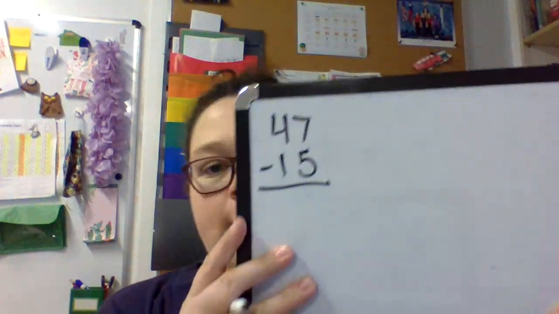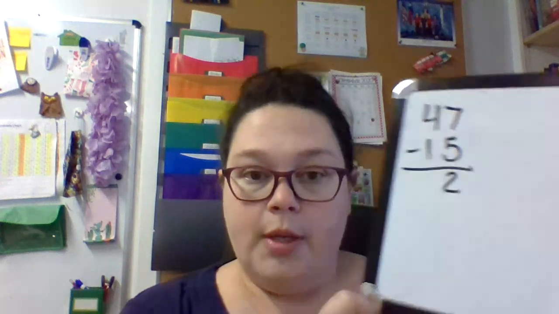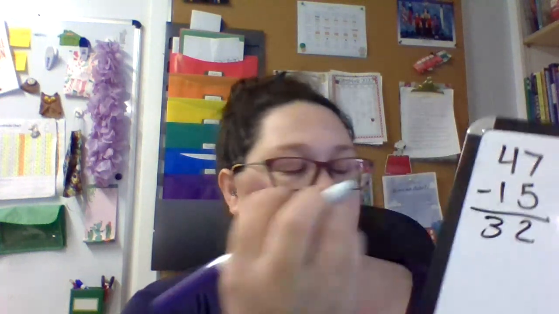Let's do one more like that, just so you can remember how to do this. Let's say 47, and we're subtracting 15. Now, 47, 7 subtract 5. If you have 7 candies, can you give me 5? Yeah, you can. So you're going to bring down 2, and then 4 subtract 1 is 3. So 32.